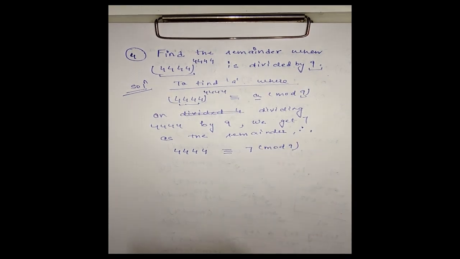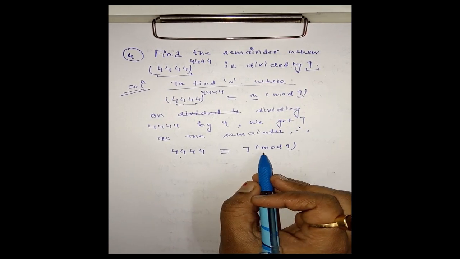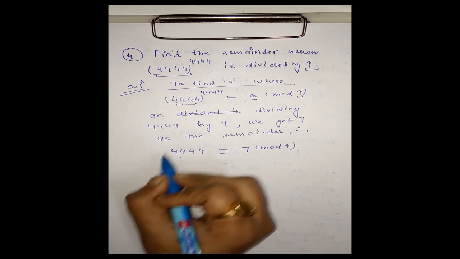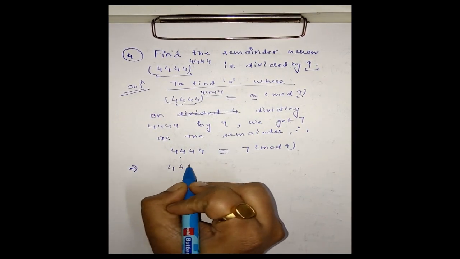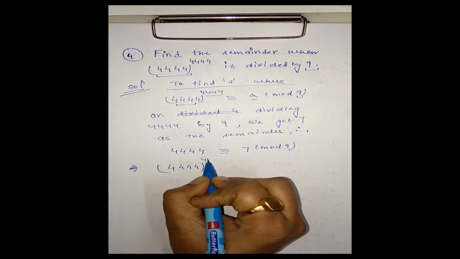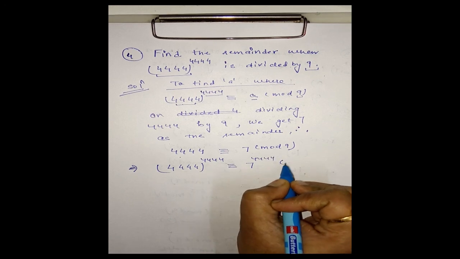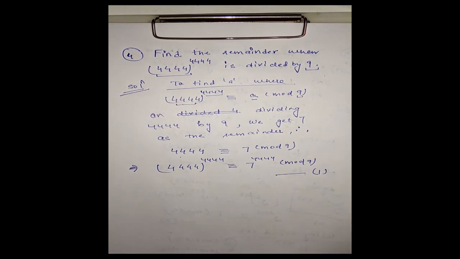Now, taking power, we get 4 times 4 is congruent to 7 power 4 times 4 modulo 9. Clear? Now mark this as equation number 1.